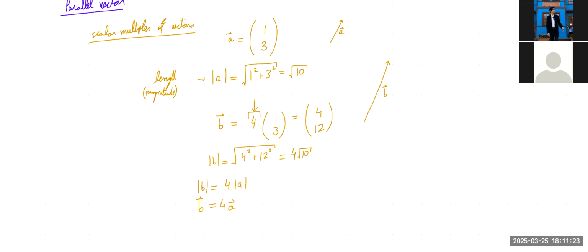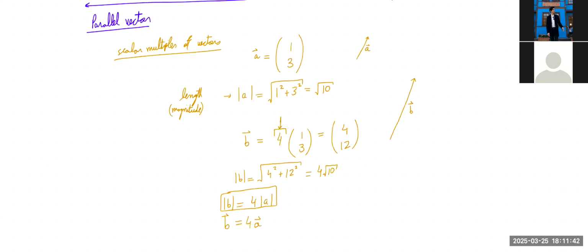You do not change its direction because you're multiplying the x and the y by the same number. So you just make it longer or shorter, depending on what you multiplied it with. Clearly, the magnitude changed by the exact same factor that you multiply the vector with.